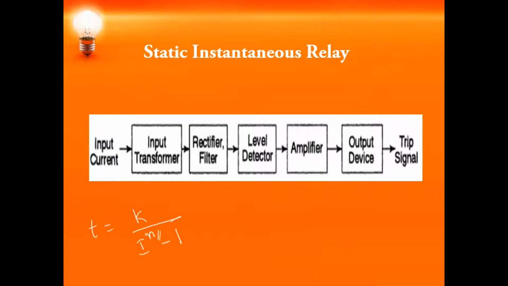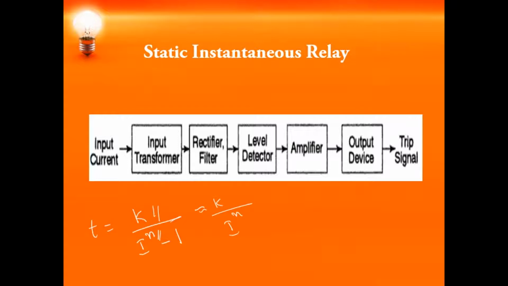So n and k are constants. This n determines how inverse your characteristic has to be, and this k decides your operating time. The k value is set based on your operating time. Even if you approximate, it can be approximated to k I to the power n.